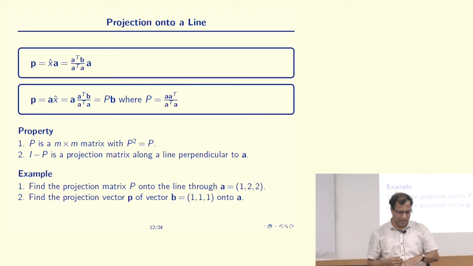Now suppose I give you this example. Find the projection matrix capital P along the line.